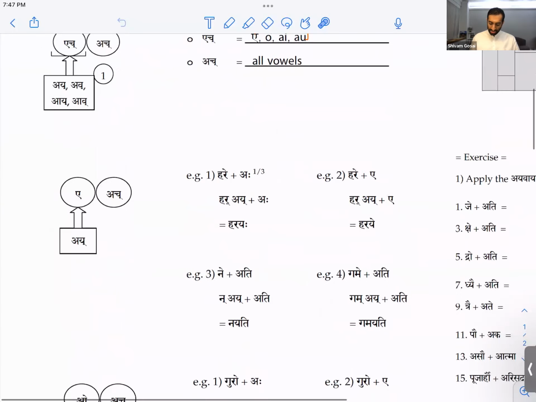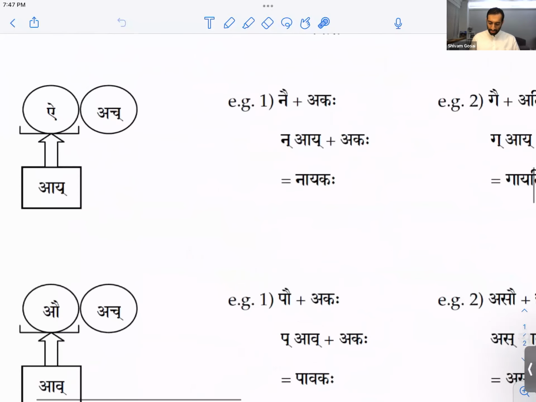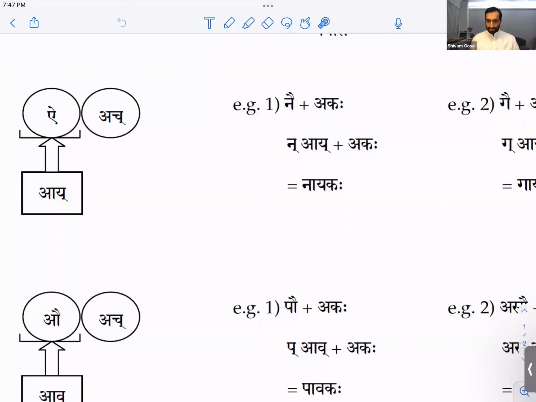Okay, I'll take a question in a moment, but let me just show you this. So for example, if I have ni dhatu, to lead, it becomes nai because of vriddhi, right? When I add aka. Okay, nvul becomes aka, right? Now ni becomes nai because of vriddhi. So we're skipping a few steps right here. Now I have an ai, ech, followed by any vowel.